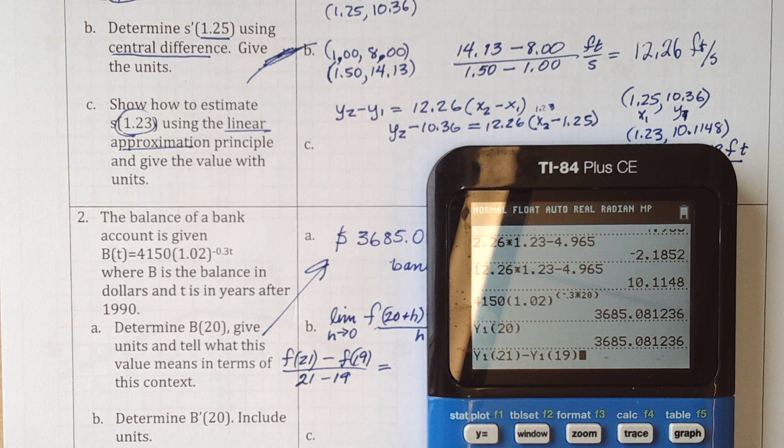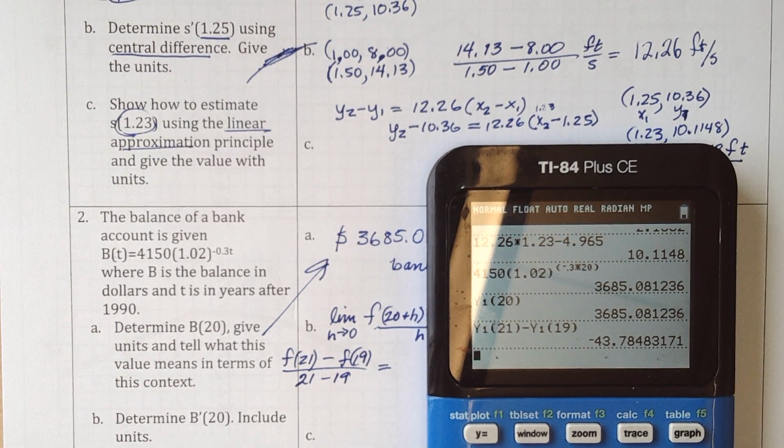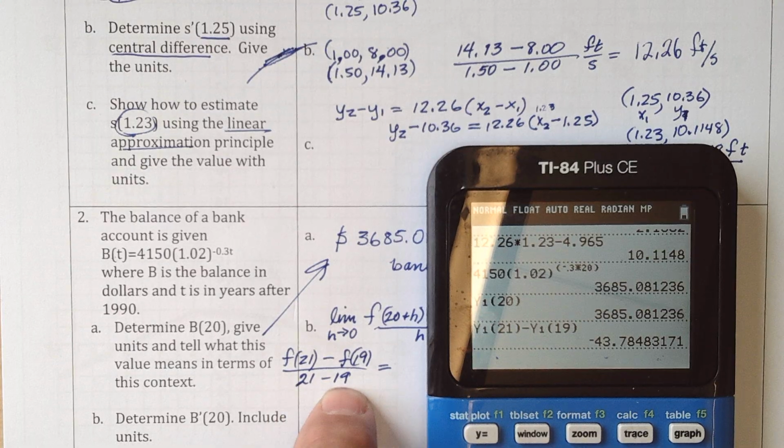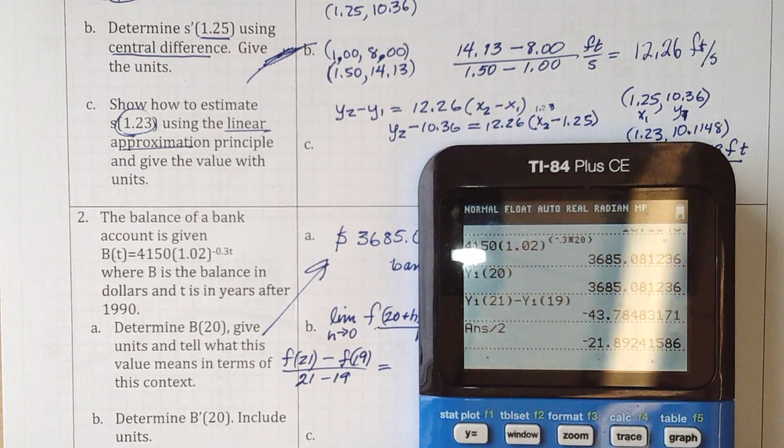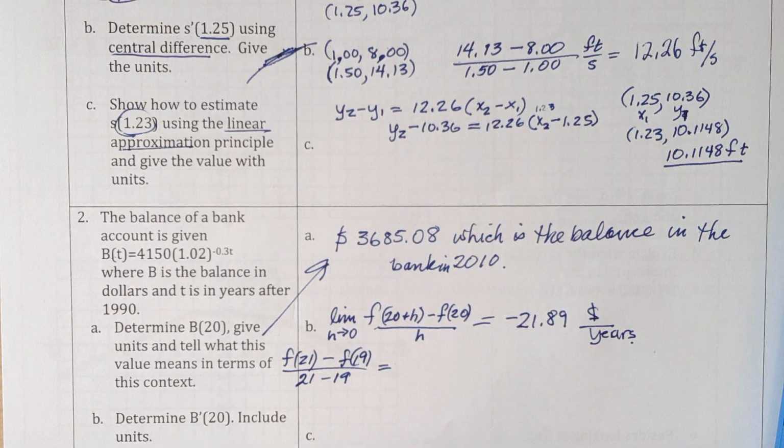I should have put in parentheses, but I can also just calculate that, divided by 21 minus 19, which is 2, divided by 2, and I get the same number, approximately. Minus 21.89 dollars per year.